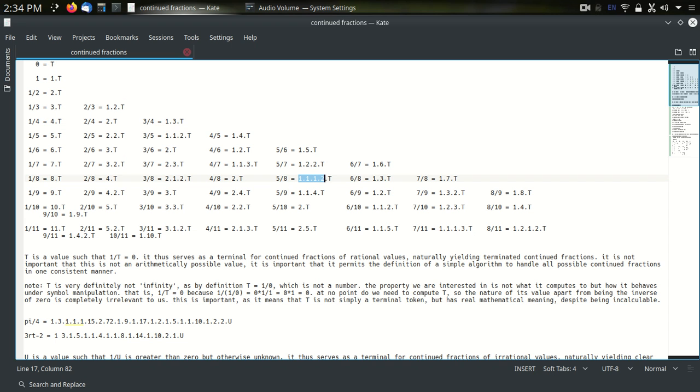But if it's irrational or a very long sequence, it just keeps alternating between too high, too low. But it gets closer and closer with each step. So this is actually an objectively better way to represent these sorts of things than a decimal expansion, or something like a binary or ternary or hexadecimal expansion.